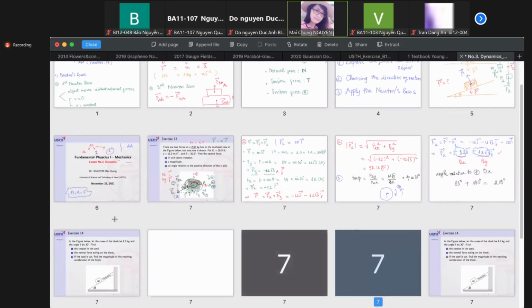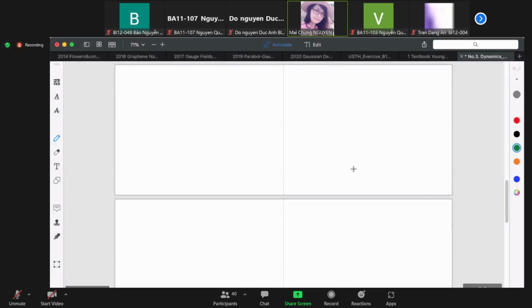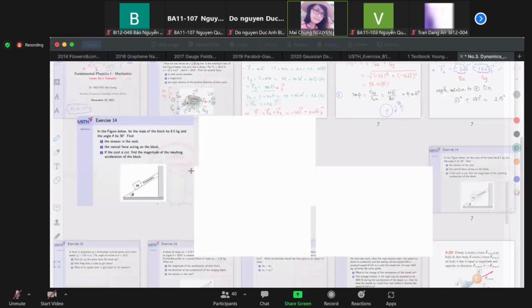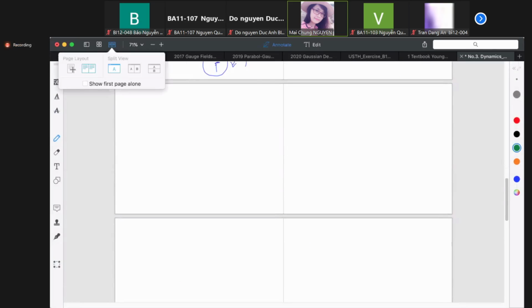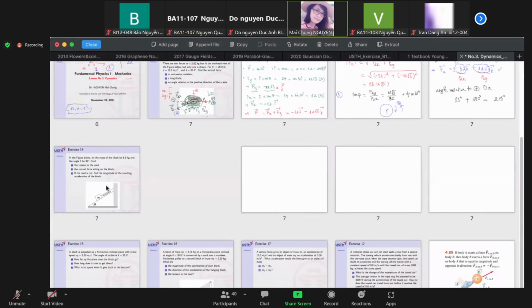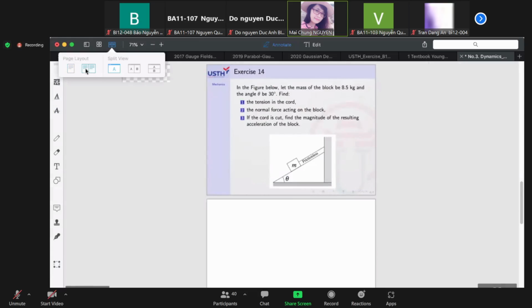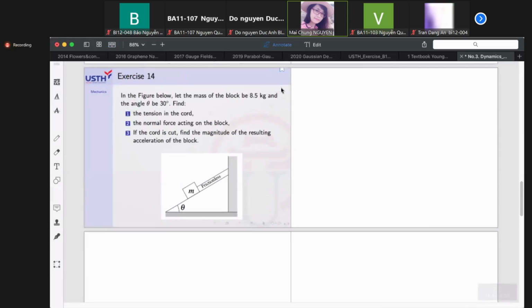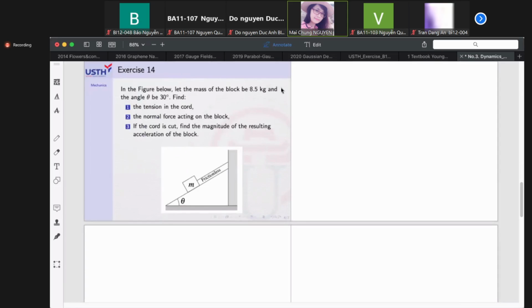Exercise 14 for the next one. One minute for all to read the content of exercise 14.